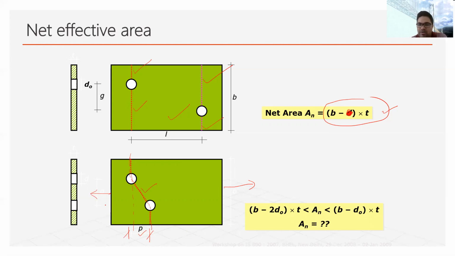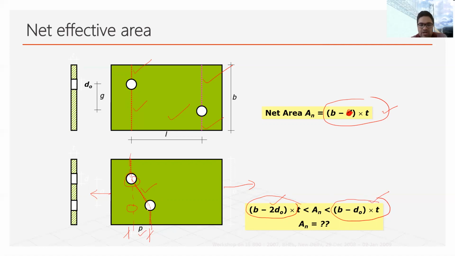So here in the formula, you can see the net effective area will be between this and this. If I put the same hole here, then the net sectional area will be this. If I am calculating the area of cross section with one hole, then that will be this one.